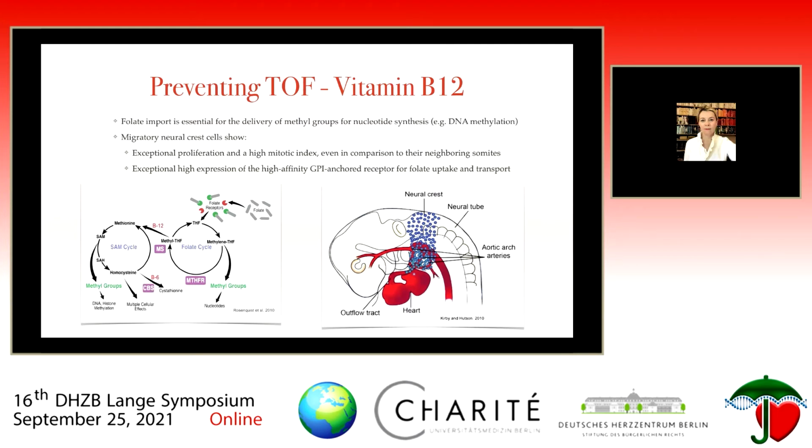And the hope would be, and this is in fact true given the very high mitotic index we see in the neural crest cells, which are one of the progenitor cells that travel to the heart, that at the very early development of the heart there is this high level of proliferation. And at that time, of course, you need a high amount of methyl groups, where you need B12 for the folic acid cycle.